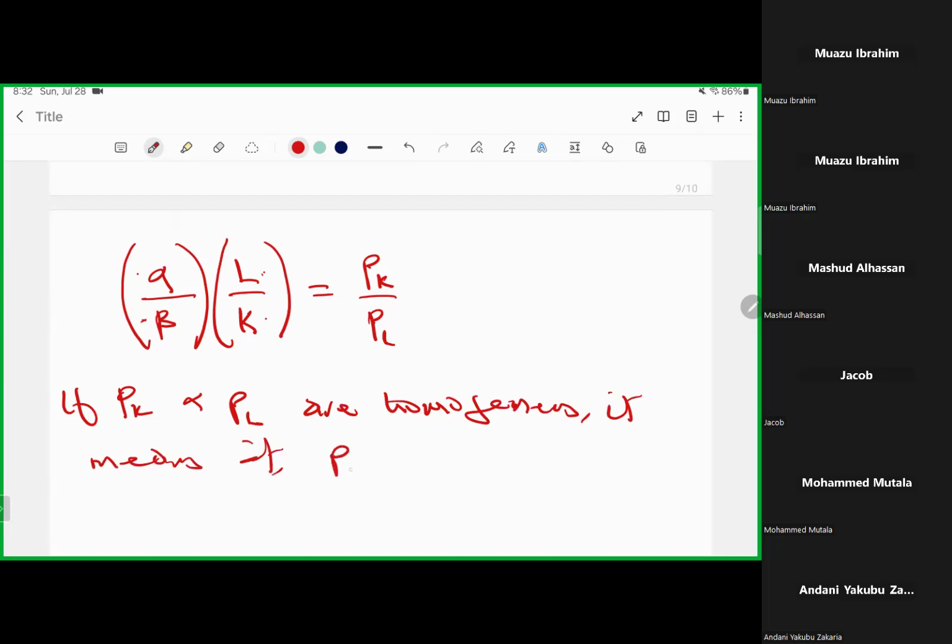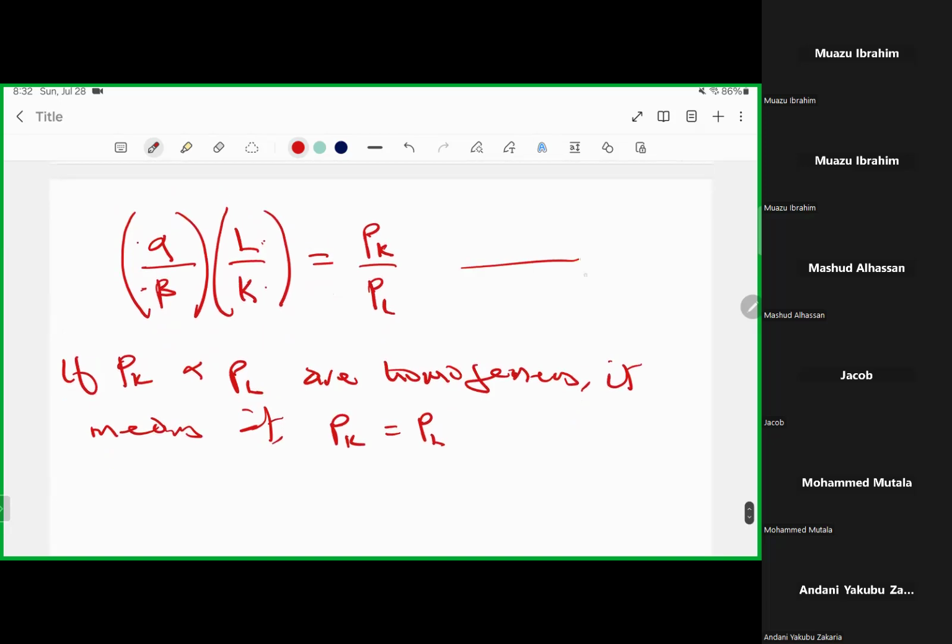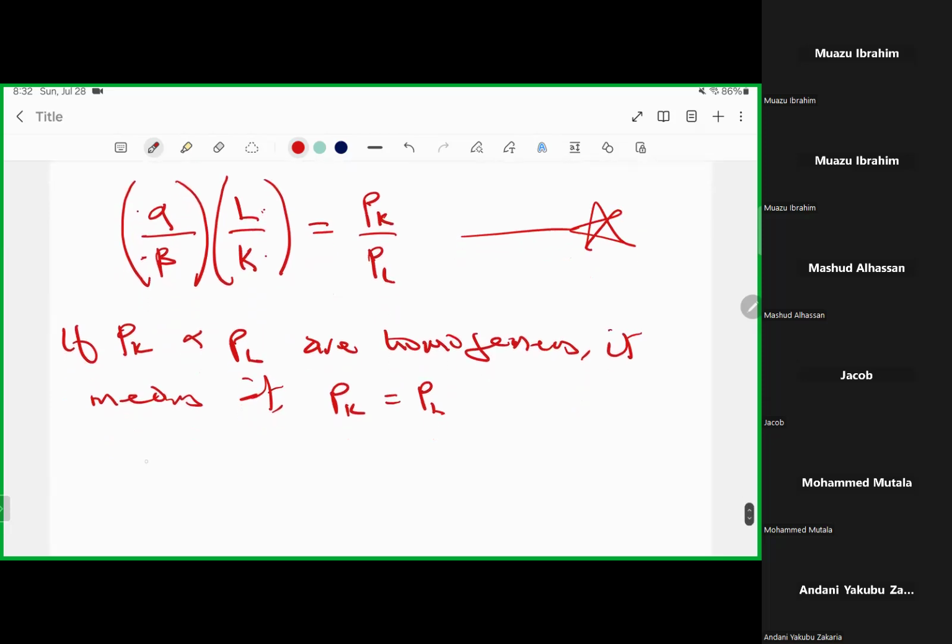If price of capital and price of labor are homogeneous, it means how much you pay for capital, the price of capital, is the same as the price of labor. So if the two are the same, from this particular equation we are going to have alpha over beta, capital over labor, equal to 1.